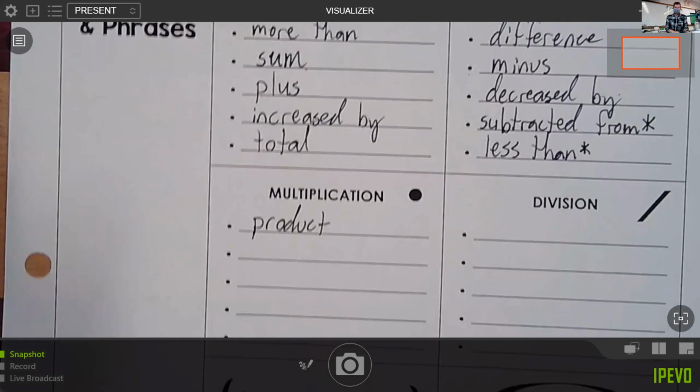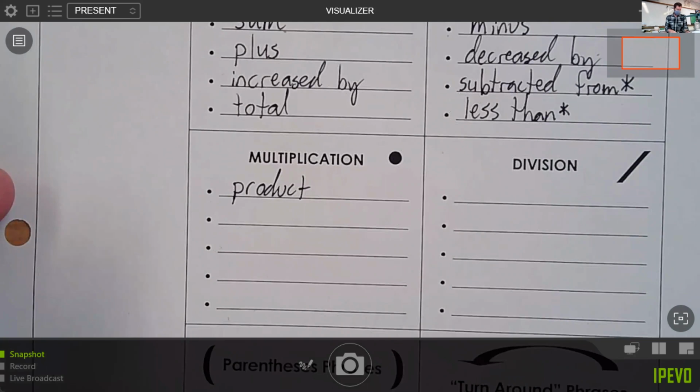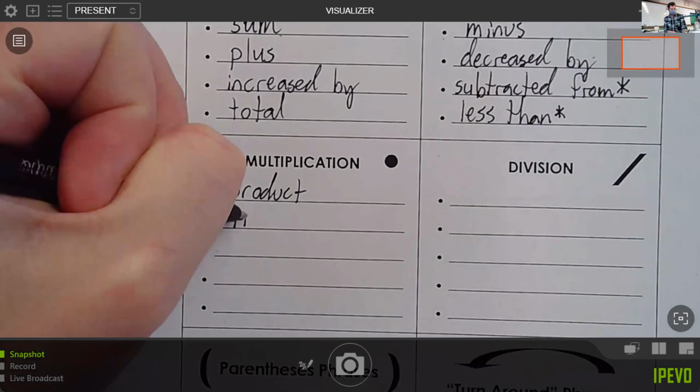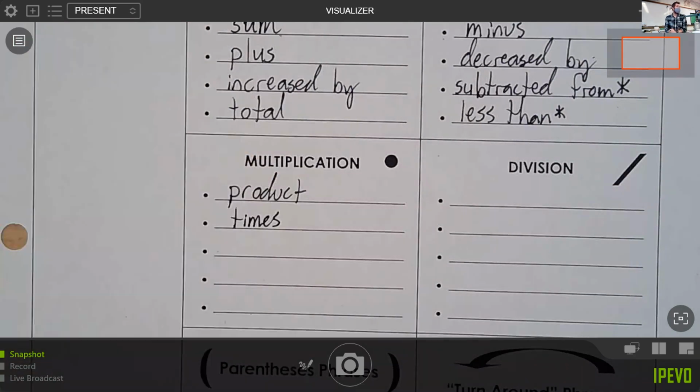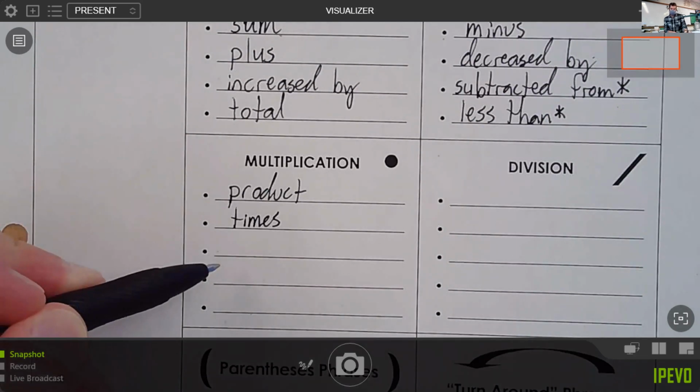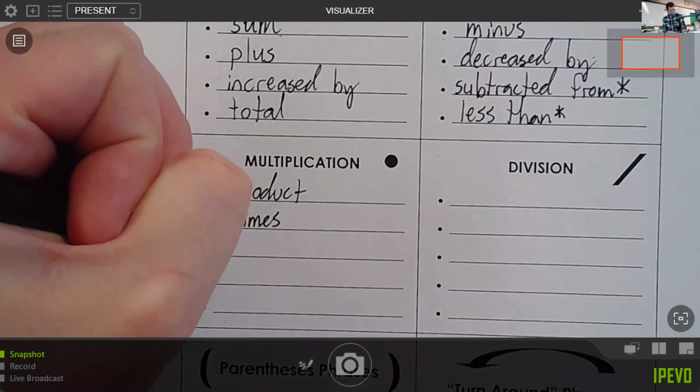So we have the word product. If you look through these examples, what other words do you see that could mean multiplication? Times, yep. Definitely times. What else? Multiplied by, yes, and we can definitely do that, yeah. I'm just going to condense another line here in a minute.